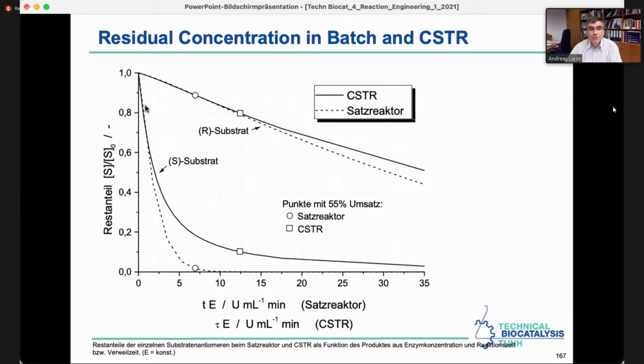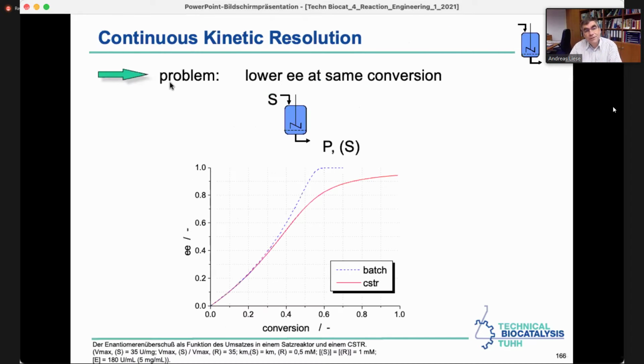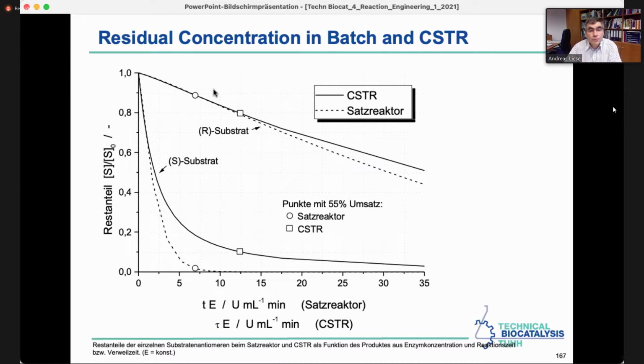Let's stick with the batch reactor. An enantiomer activity ratio of 35 means, in our specific case, the S enantiomer is reacting 35 times faster than the R enantiomer. Therefore, in the batch reactor, the S is decreasing as a function of time. The R is also decreasing in the batch reactor with time.